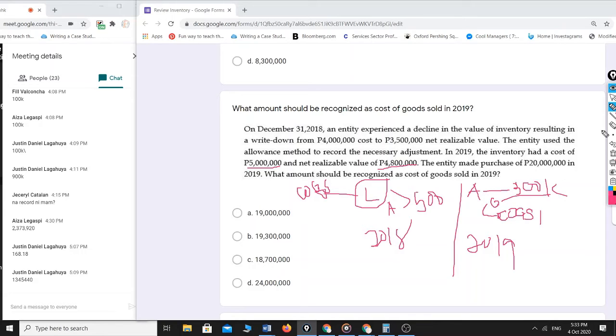Deduction of the cost of goods sold because this is gain. So it should be deduction.